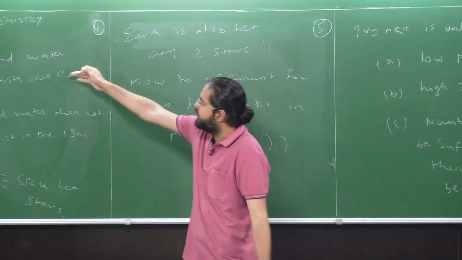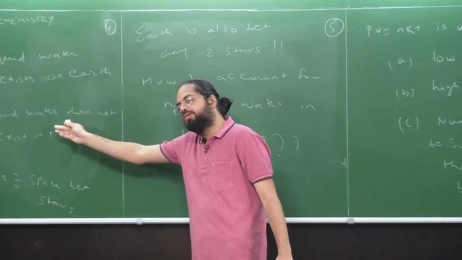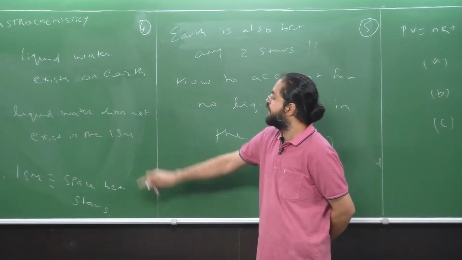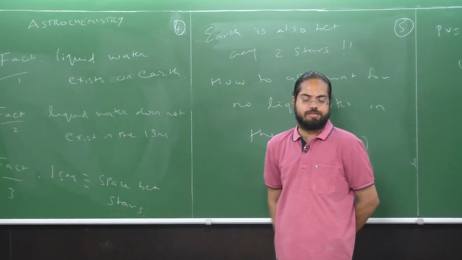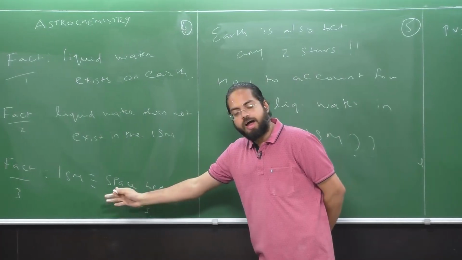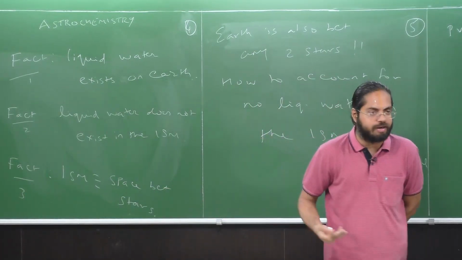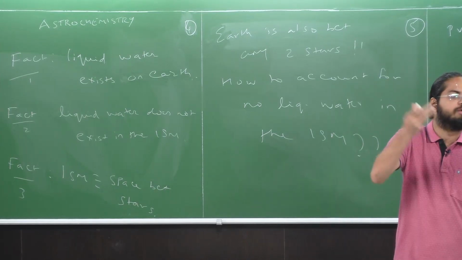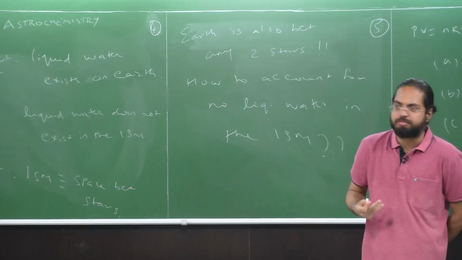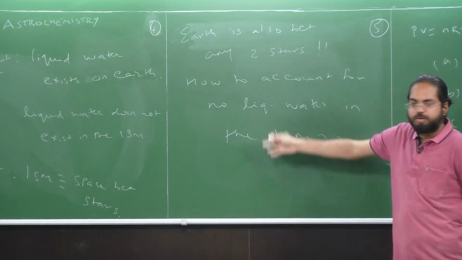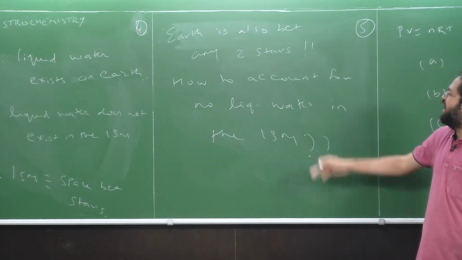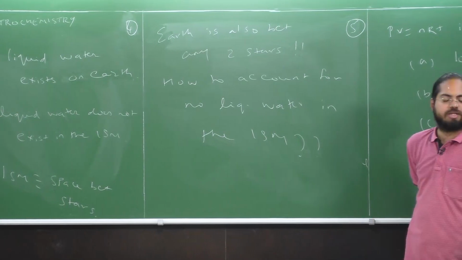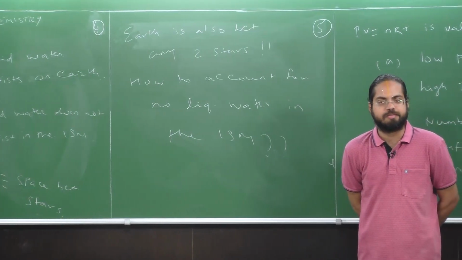There is liquid water on Earth, and in the ISM, we discussed scientifically that liquid water does not exist. And the ISM is nothing but the space between two stars, which is also what we've been discussing, starting from probably lectures 5 or 6, perhaps. So, given all these statements, how to account for the fact that there is no liquid water in the ISM? What is the answer?